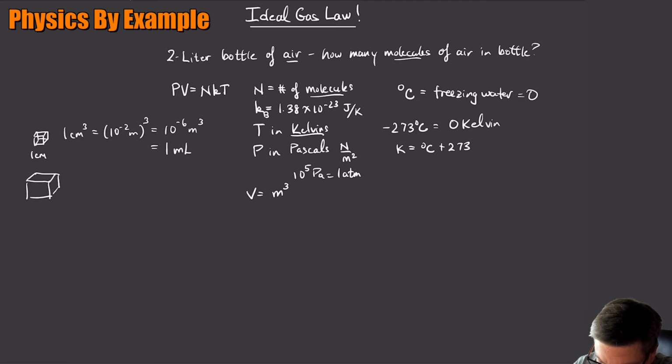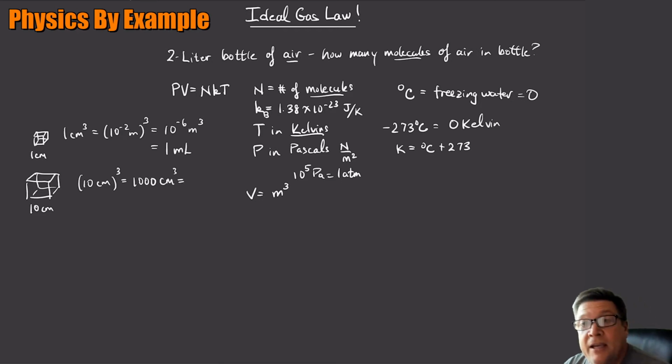Okay, so now take something bigger, not to scale. So here's another box, and this one is 10 centimeters on a side. So now I've got 10 centimeters cubed, right? So that's 1,000. Each one of those is a milliliter. So this is 1 liter. A liter of volume is a cube 10 centimeters on a side.